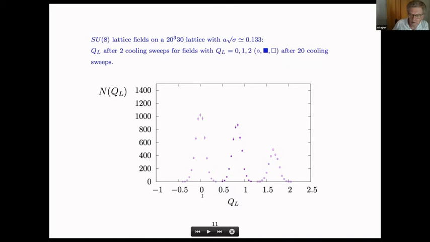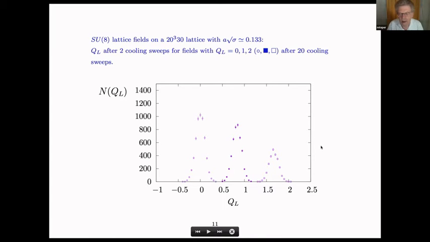And here is the plot. If you take all the fields that after 20 cooling sweeps have 0 charge, after 2 cooling sweeps this is where they were. Indeed, they were in this bunch here. Those which were around 1 cooling sweep are around here. The others are here.